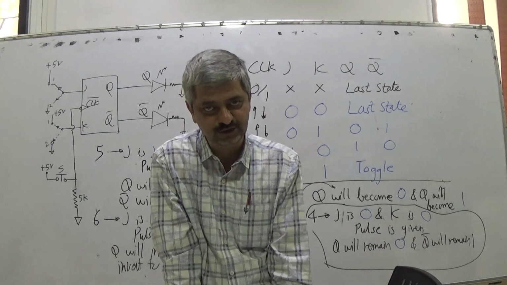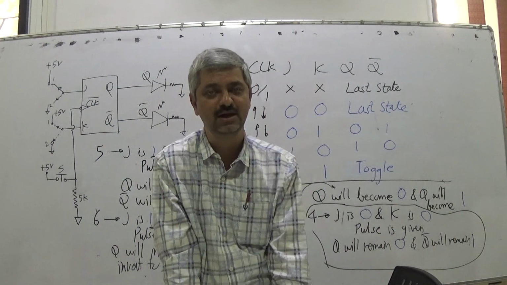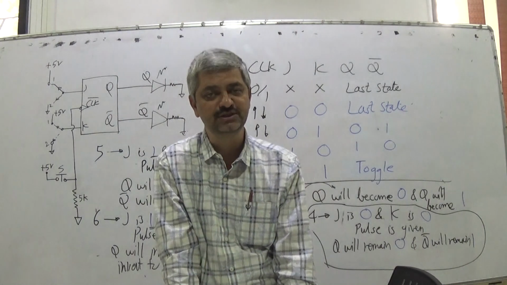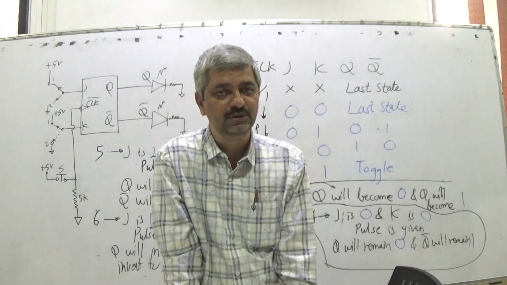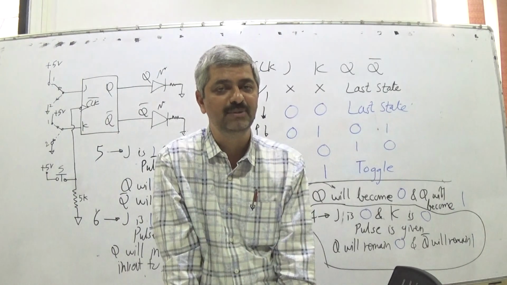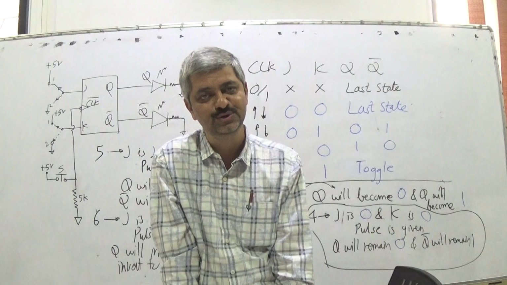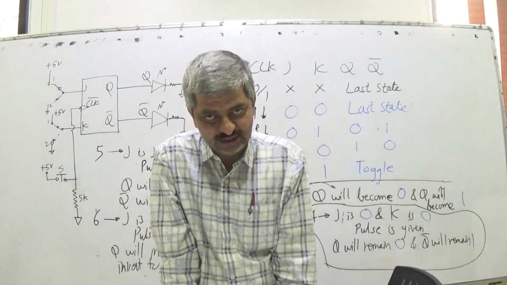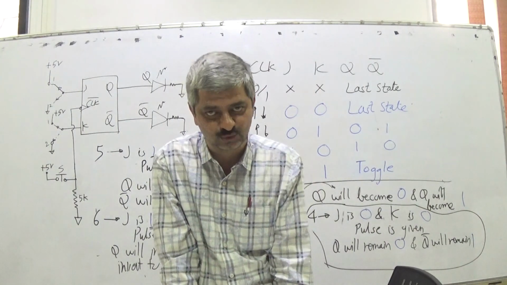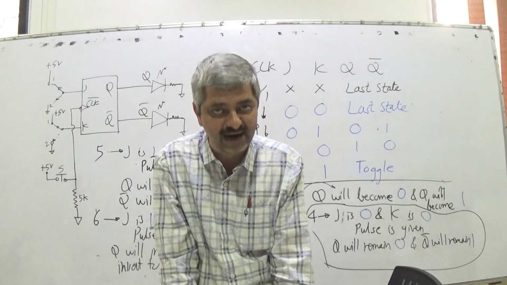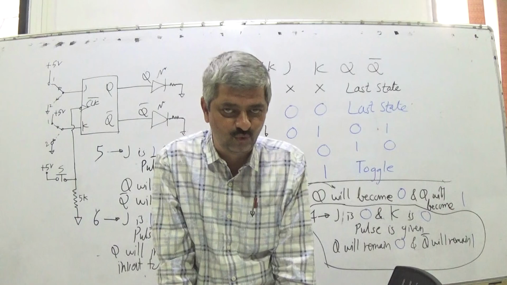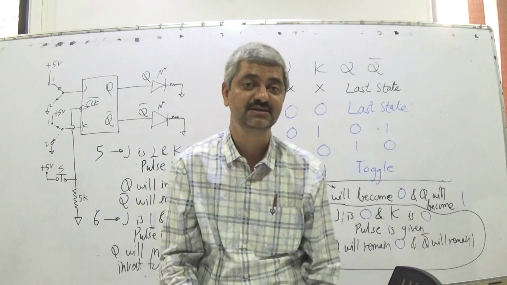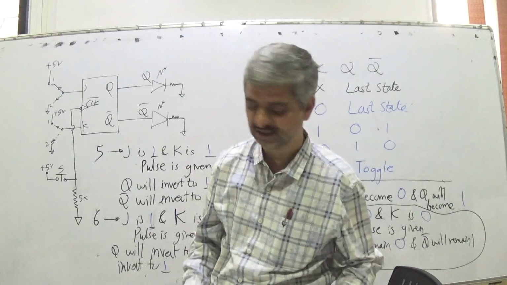So 0 0 and 1 1 are input combinations which determine the output exclusively based on the last state, either continuation or its complement. Whereas in case of input 0 1 and 1 0, the last state doesn't matter. It forces the output to be 0 1 or 1 0. This is the sequence in which things proceed.